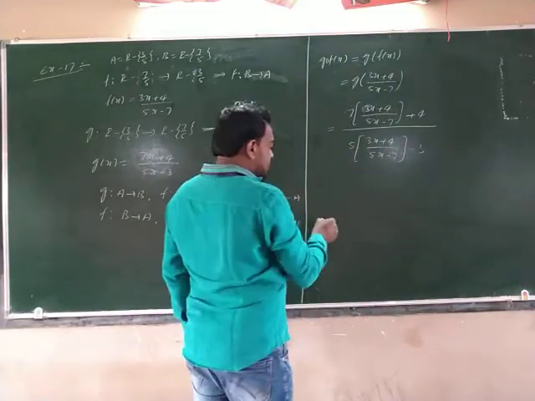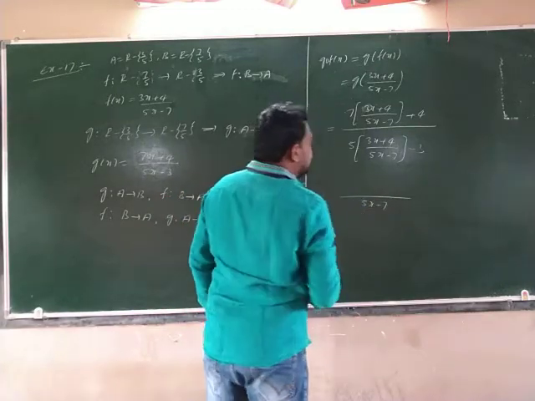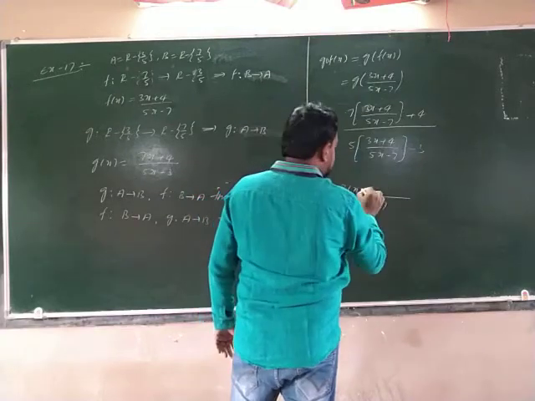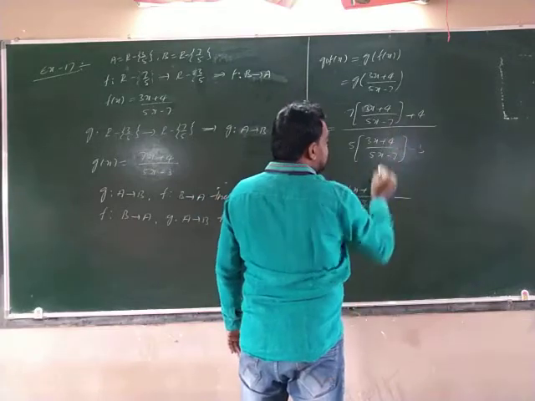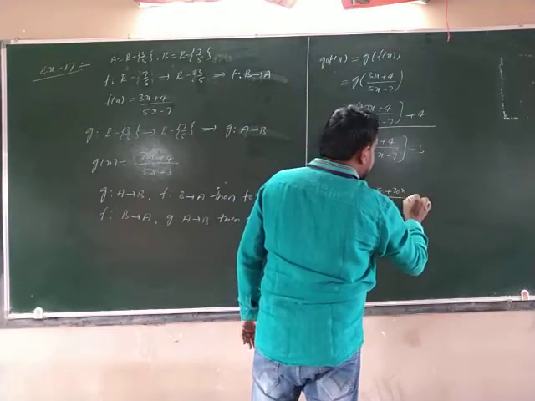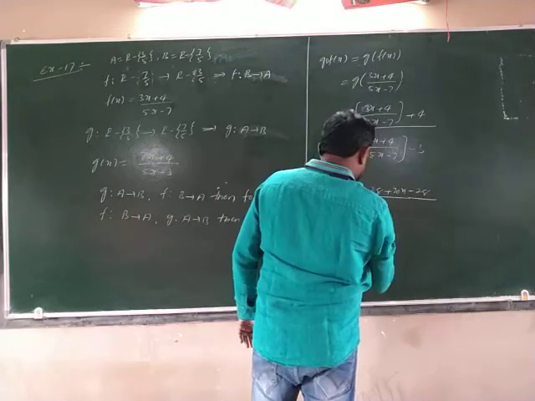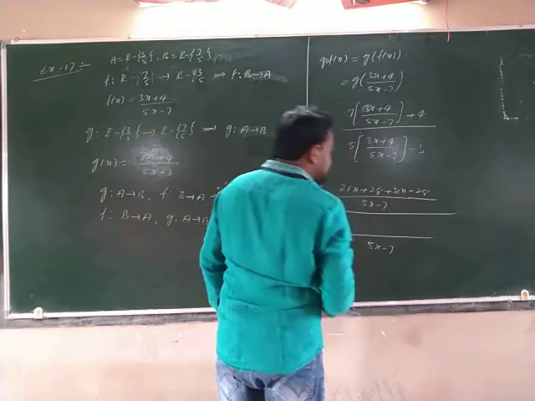You take the LCM in numerator and denominator. What is the numerator LCM? 5x minus 7. 7 3s are 21x, 7 4s are 28. Next, 4 5s are 20x minus 7 4s are 28, divided by 5x minus 7 is x.